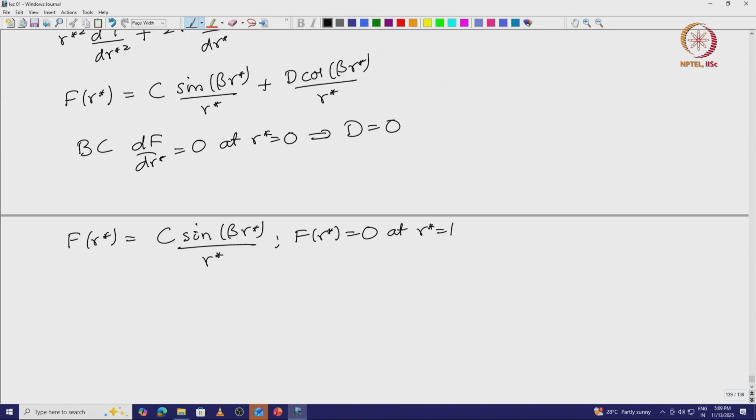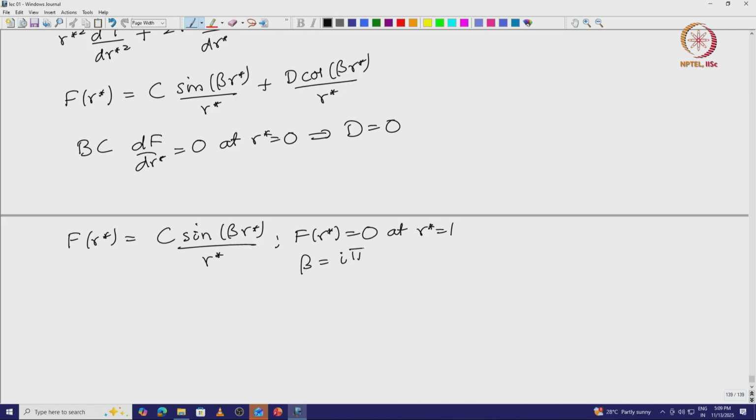Homogeneous boundary conditions in the spatial coordinate, both at r equal to 0 and at r equal to 1, the spatial function has to be 0. Okay. This implies that either c is equal to 0, in which case the solution is trivial, or beta is equal to I times pi.